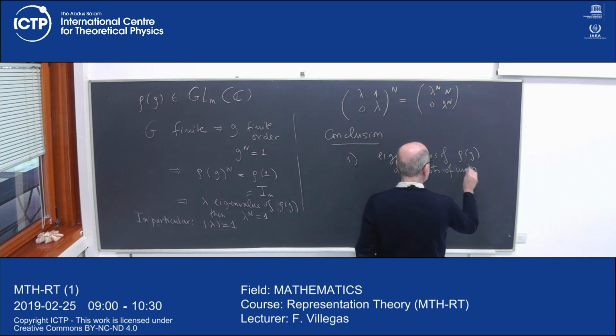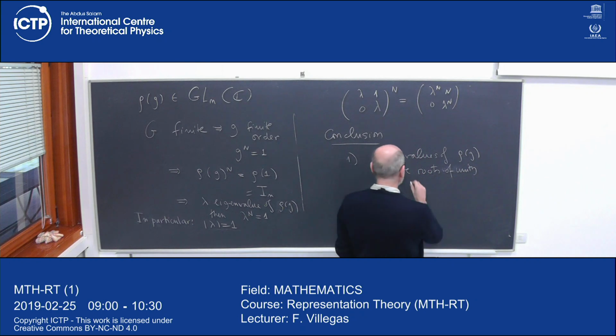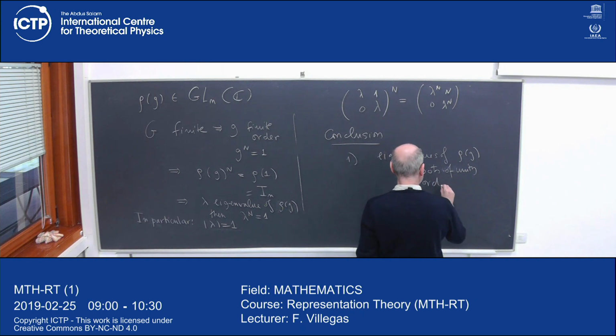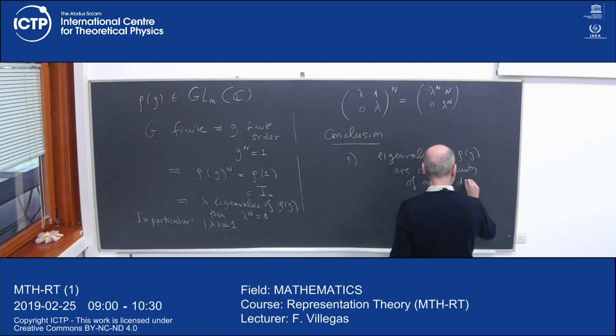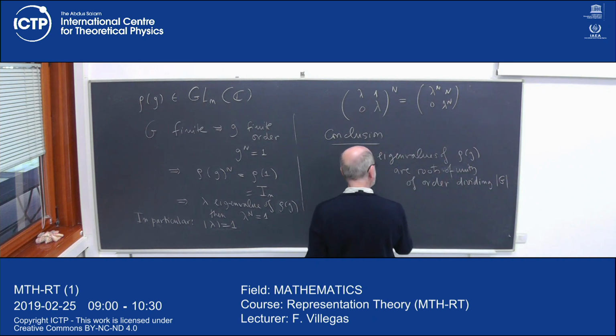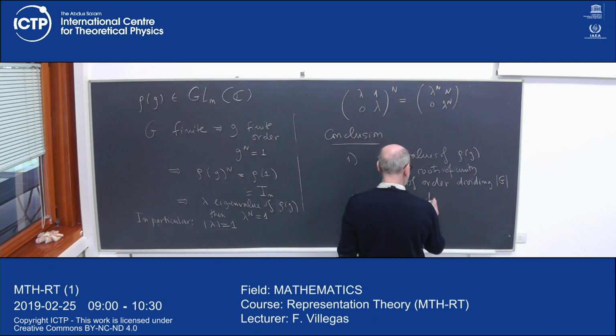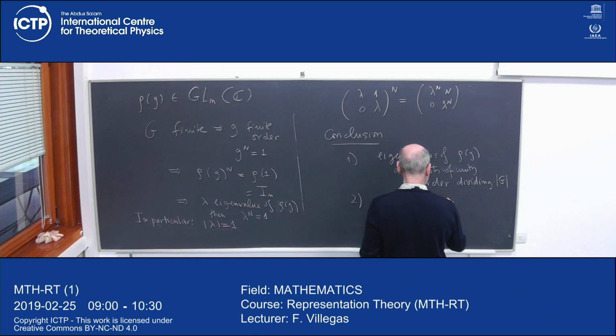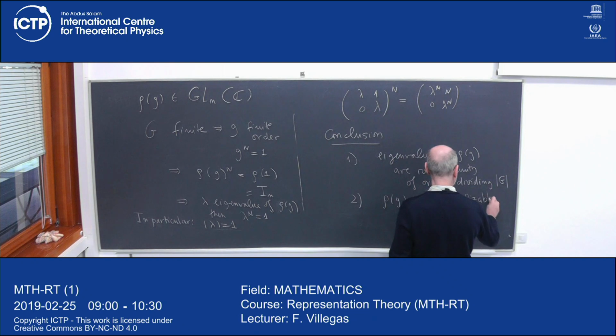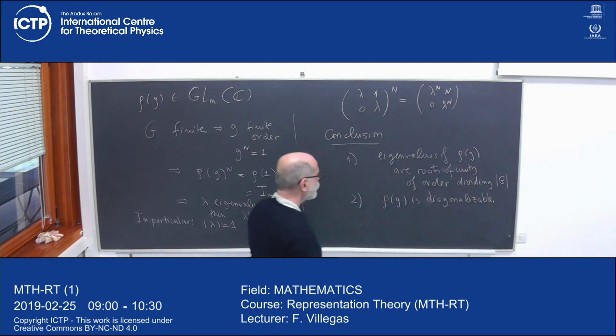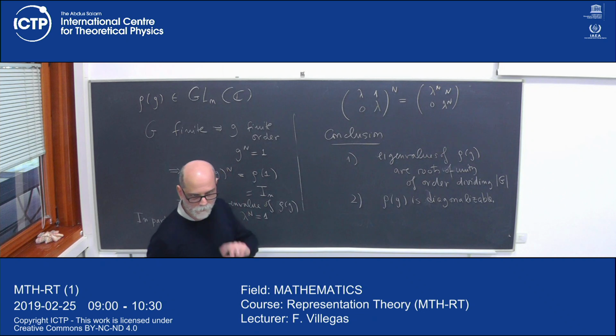In fact, the roots of unity of order dividing the order of G. In particular, they have absolute value 1, and 2, rho of G is diagonalizable. This is for one individual matrix, rho of G.